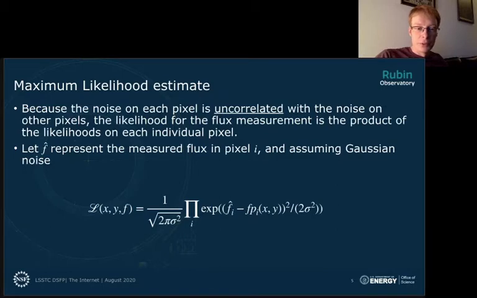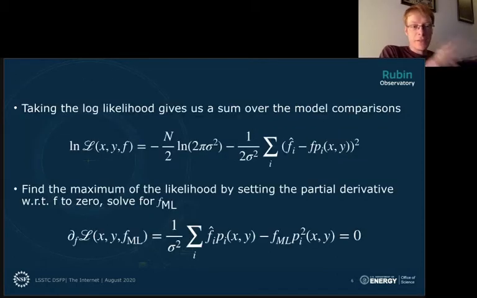Then we assume Gaussian noise, and I can write down the likelihood function as just the Gaussian function of the difference between the measured flux and our model flux for a given value of f. Taking the log of that turns this into a sum, where now we're summing over the differences between the model and the realized data.